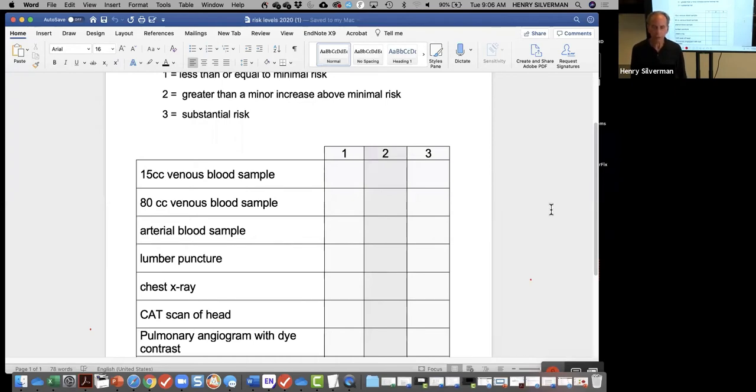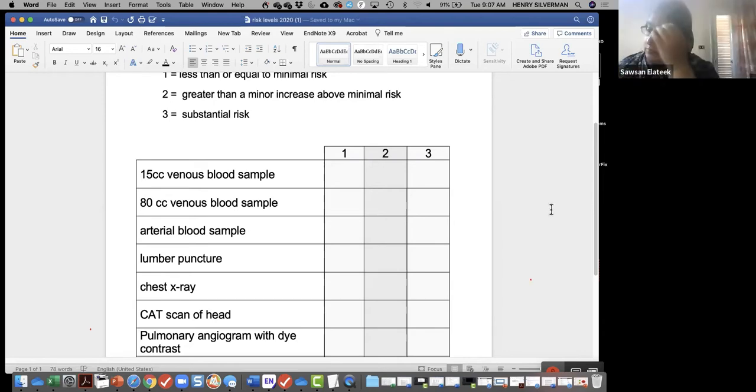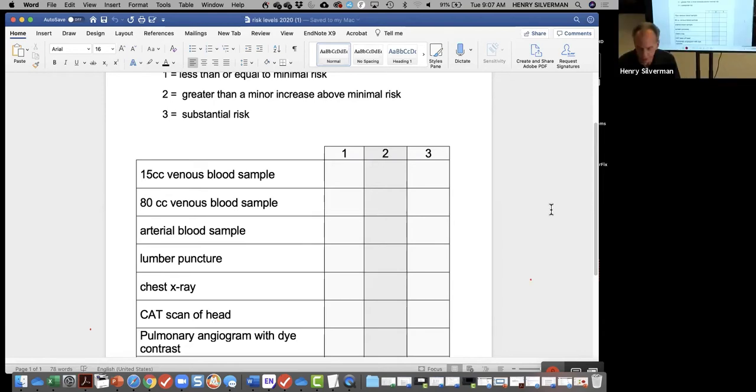At the very least, you would want every country to have a consistent definition of low risk, because you don't want one IRB in one city defining low risk differently from IRBs in other cities in the same country. So let's see how we could get on the same page on what we mean by low risk.